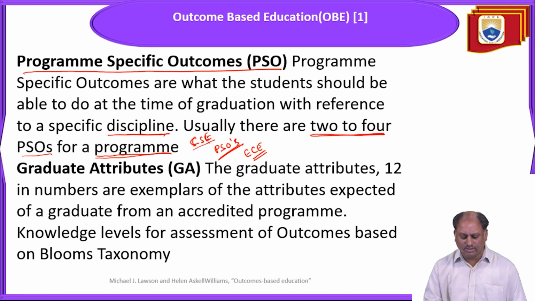Suppose CSC is a program which has some PSOs and EC is a program, they are separately written with separate PSOs. These mainly state what the student should be able to do at the time of graduation with respect to a particular discipline, whether it is computer science, electronics, electrical, mechanical, or civil.